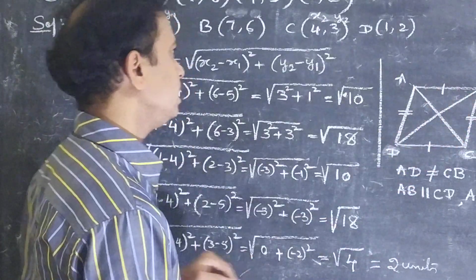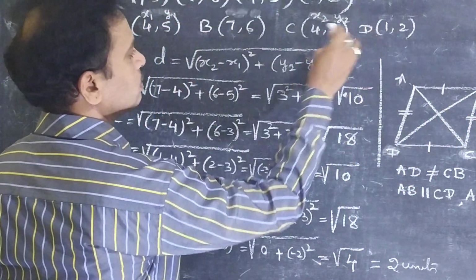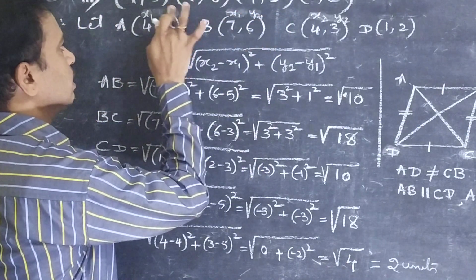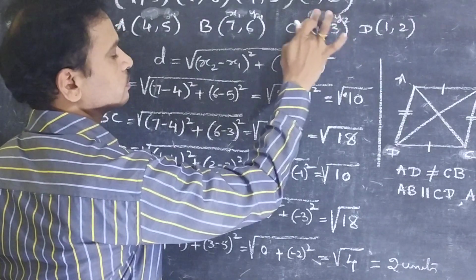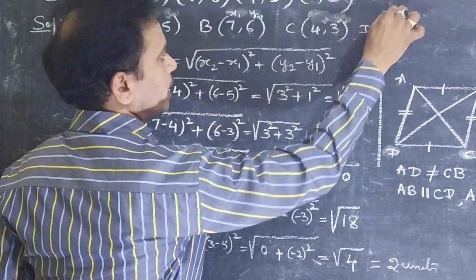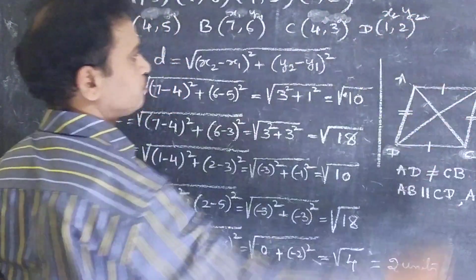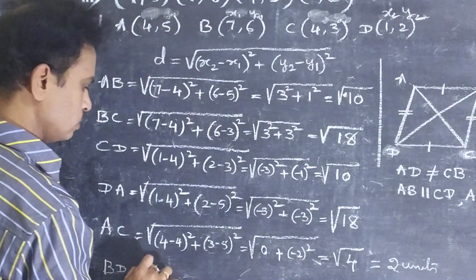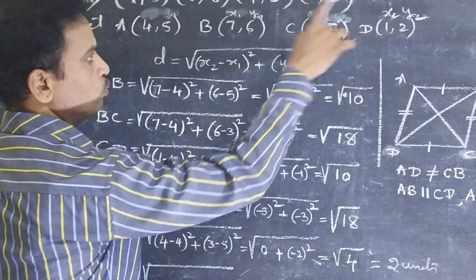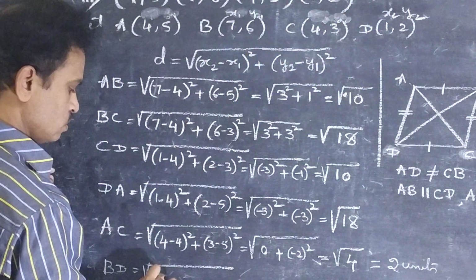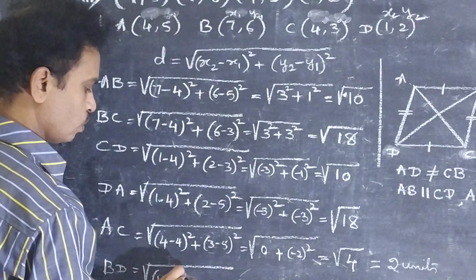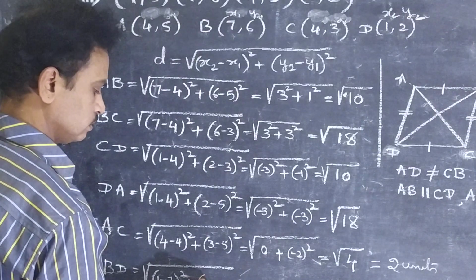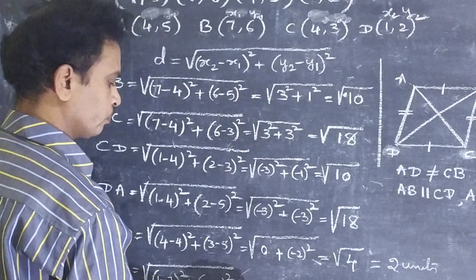Then we find BD, B and D. This point B we will take x1, y1 and here x2, y2. BD is equal to x2 minus x1, 1 minus 7 whole square plus 2 minus 6 whole square.